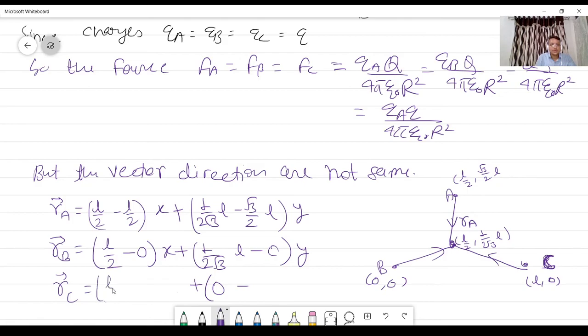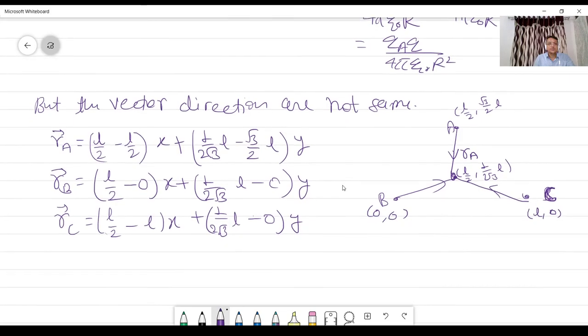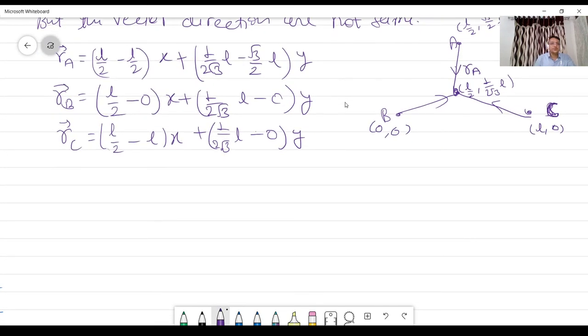So it will be L/2 minus L x, and the second is, I should write (1/(2√3)) L minus 0 y. So we have these three vector forms, and now I'll simplify them.